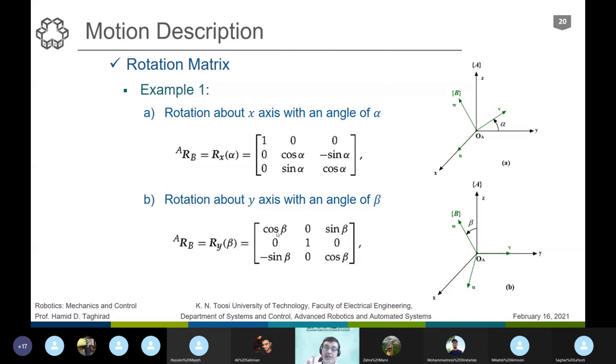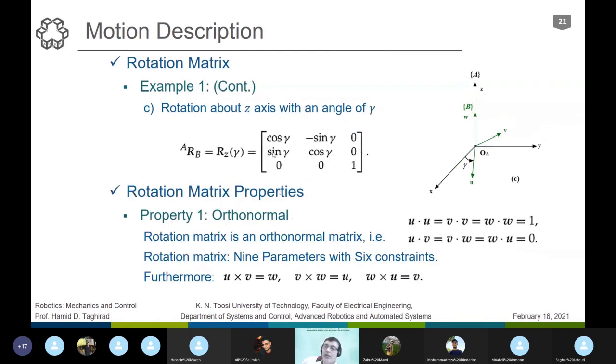This is because of the right-hand angle that we have. So cosine, sine, and minus is the angular rotation around the y-axis, and the z-axis is similar to the x rotation, as we talked about before.